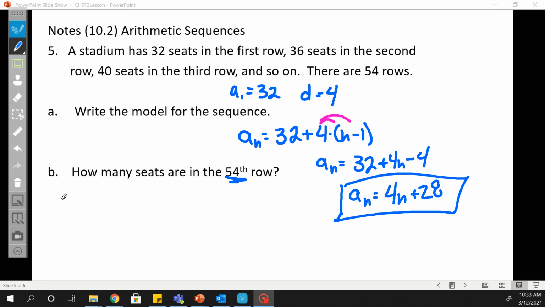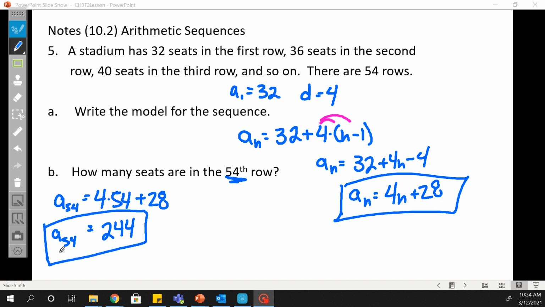Okay, so we would do a sub 54 is equal to 4 times 54 plus 28. 4 times 54, 216, plus 28, 244. So, in the 54th row, there are 244 seats.